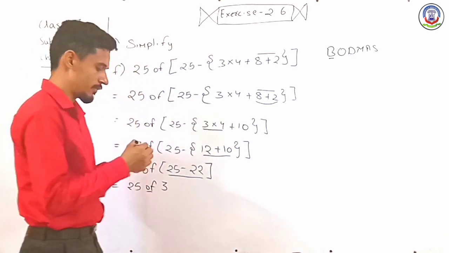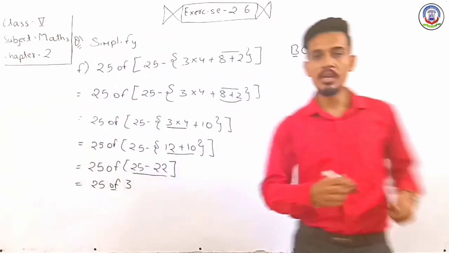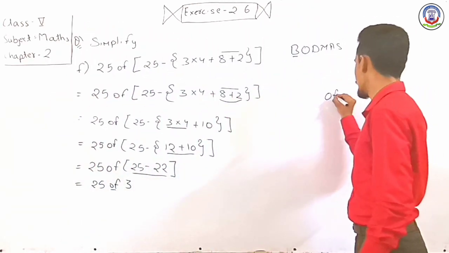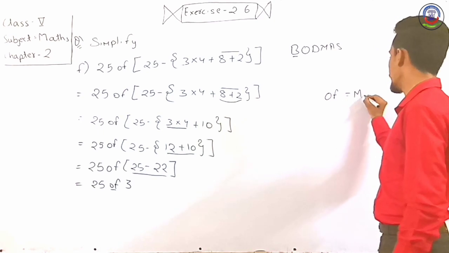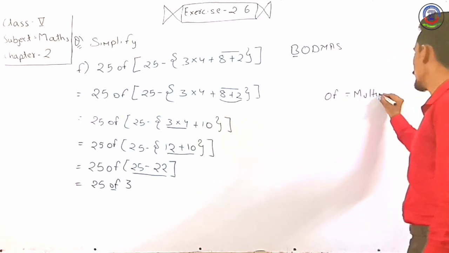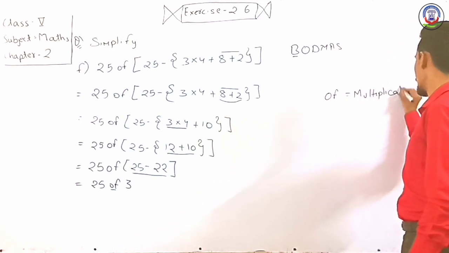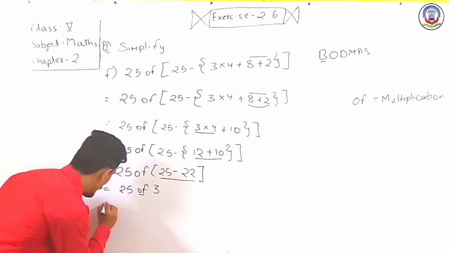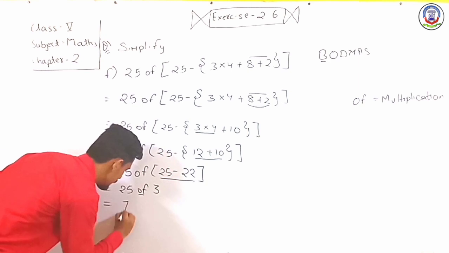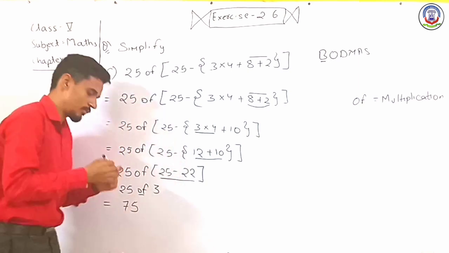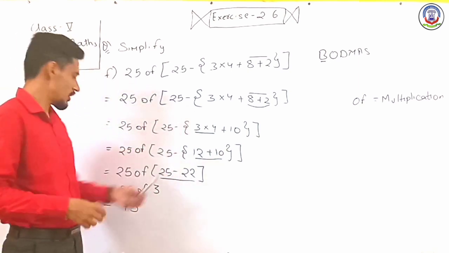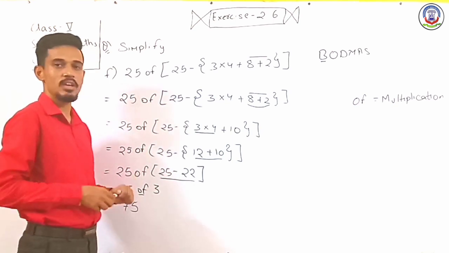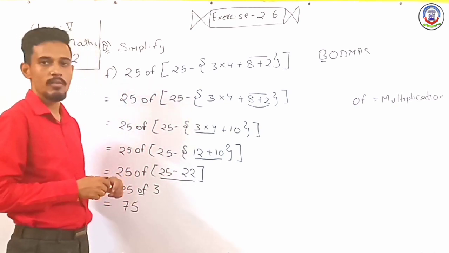What is of? Of means multiplication. So 25 of 3 is 75, because of means multiplication. 25 multiply 3 is 75.